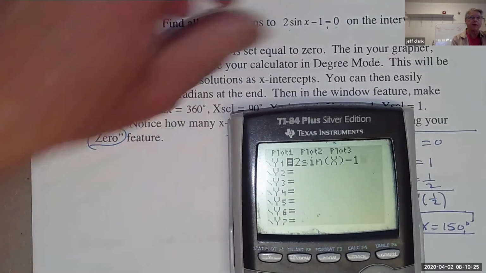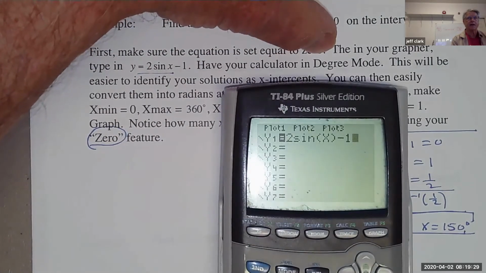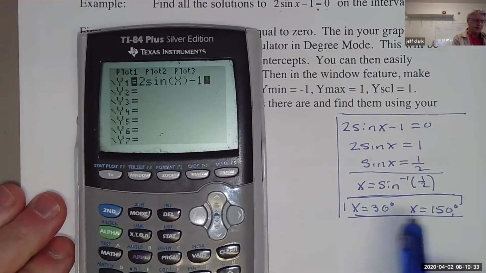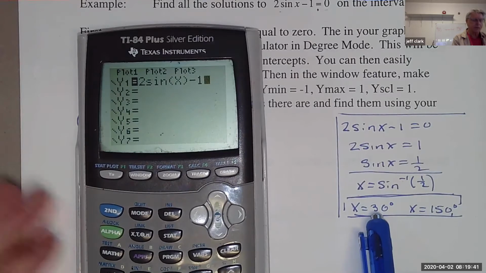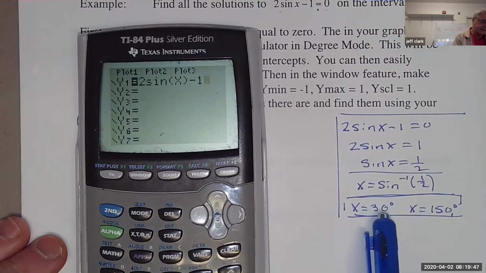I'm going to put it in degree mode because it's going to be easier to find the x-intercepts. If you find the x-intercepts in radian mode, you're going to get the decimal equivalent to pi over 6. You won't get exactly pi over 6, and I'm looking for exact answers. So I think it's easier to identify the degrees, and so I'm in degree mode.